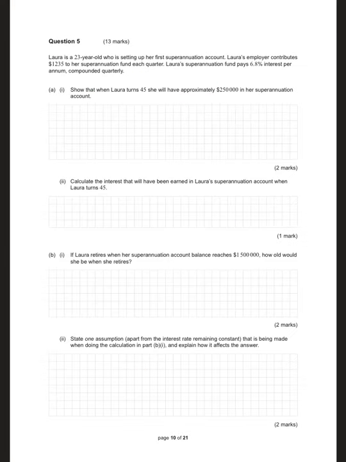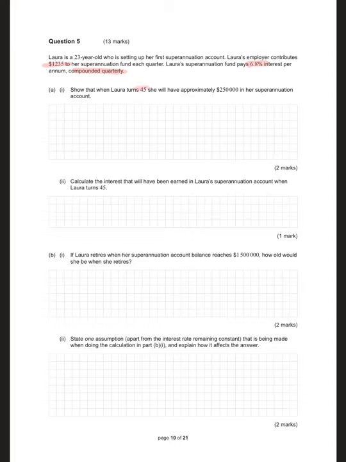Question 5. Laura's 23 years old, setting up a super account. Laura's employer contributes 1,235 to a super each quarter, and the super fund pays 6.8% interest per annum, compounded quarterly.